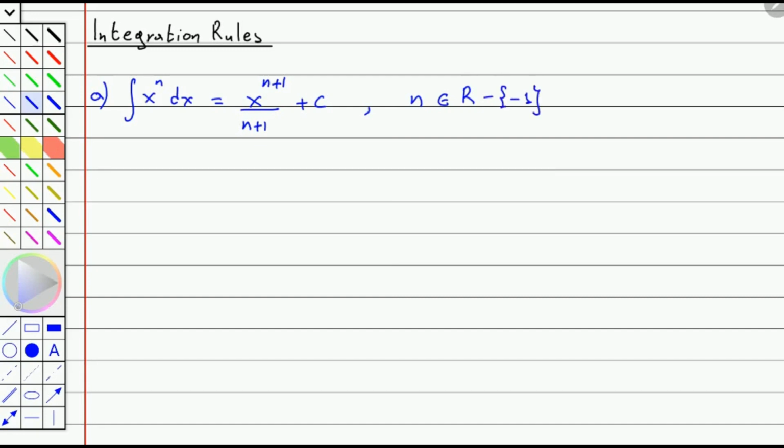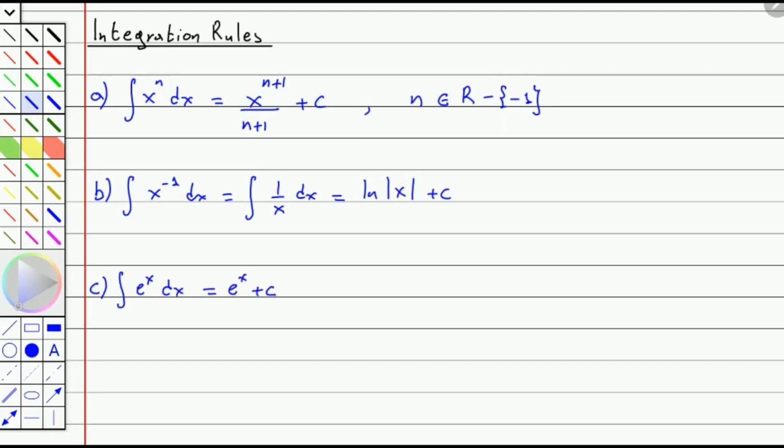So what happens when we do have n equals negative 1? The integral of x to the negative 1 dx equals the integral of 1 over x dx, and this is ln absolute x plus c. C, the integral of e to the x dx equals e to the x plus c.